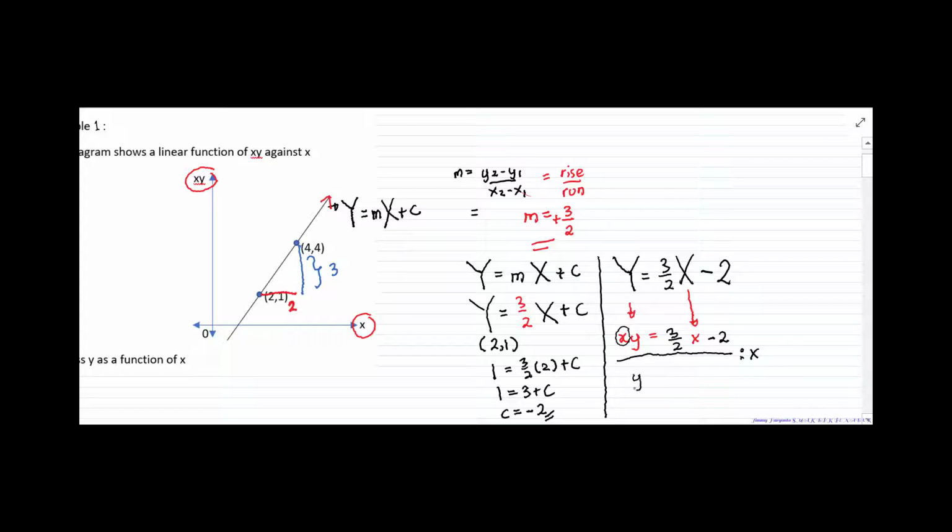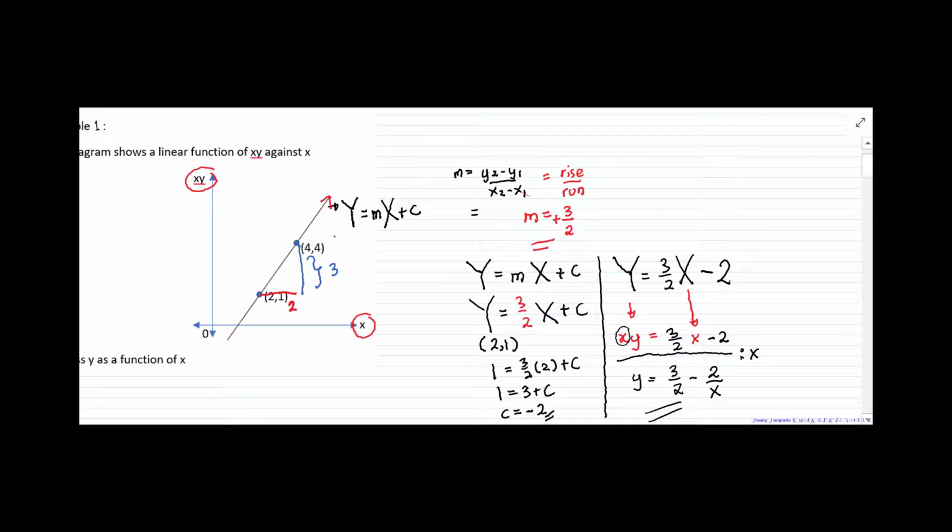It will become y equals to 3 over 2 x divided by x, it's gone, and then minus 2 divided by x is 2 over x. There you go, we have y as a function of x. This is the original function of this straight line.